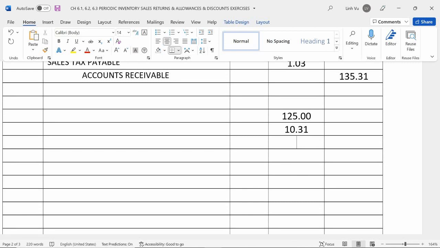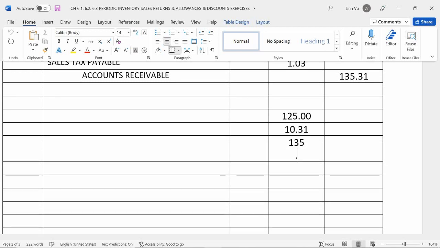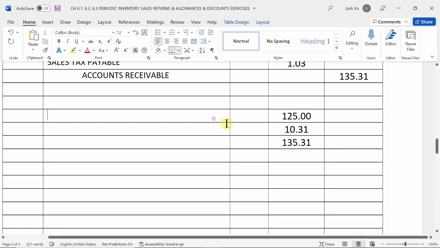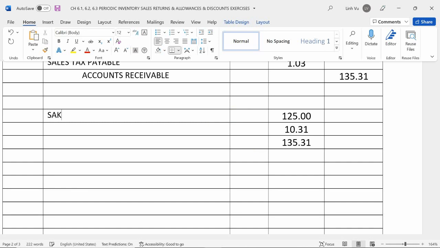Okay, and that gave me a grand total of $135.31, right? Let me put this in here so you can see that this is sales, then this one is sales tax, and then this is your total. This is the original amount.